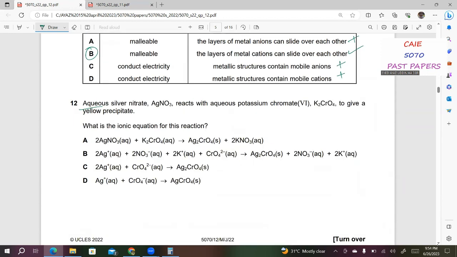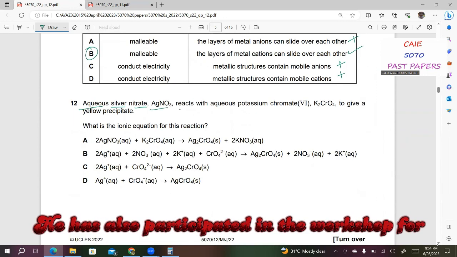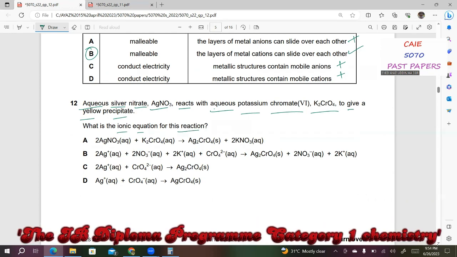12. Aqueous silver nitrate, AgNO3, reacts with aqueous potassium chromate(VI), K2CrO4, to give a yellow precipitate. What is the ionic equation for this reaction? This is an example of a double displacement reaction.